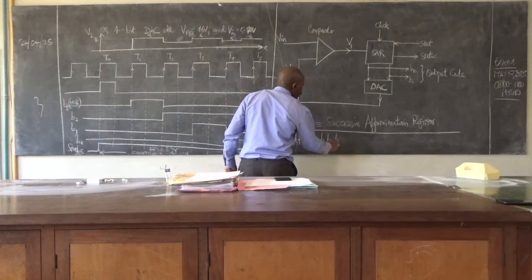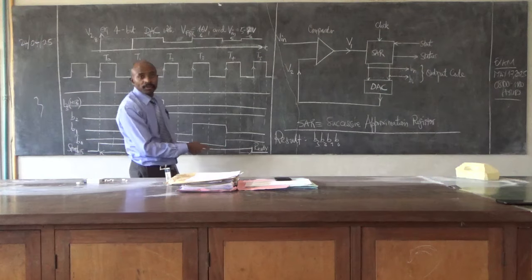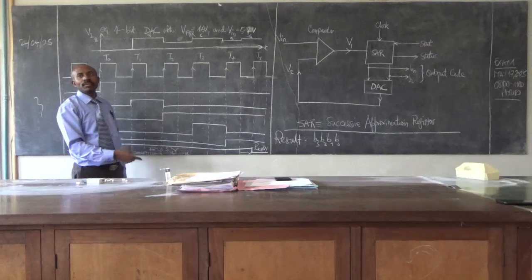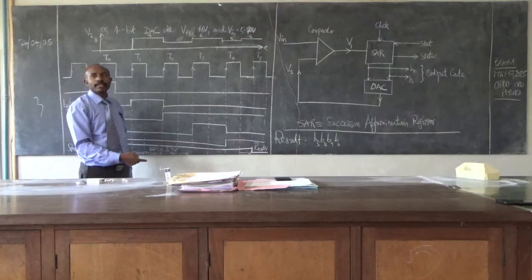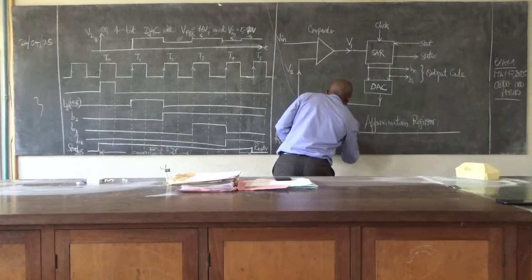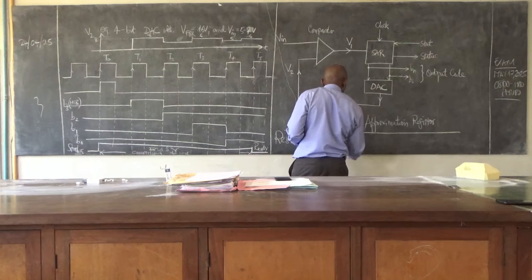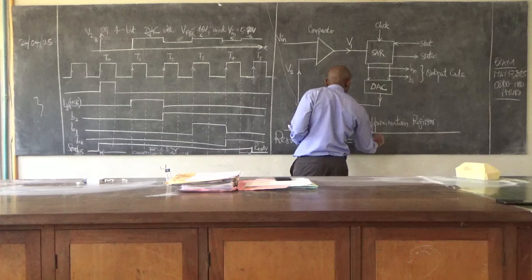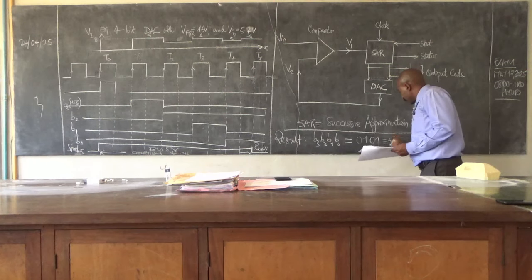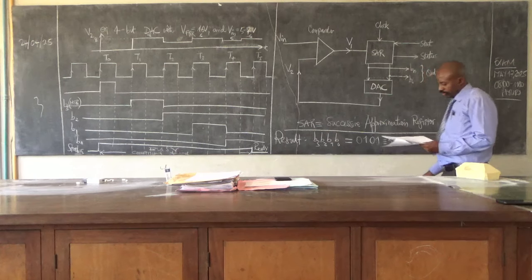This is the binary code for the 4-bit. So this one is the same as 0, 1, 0, 1, which is approximately about 5 volts.